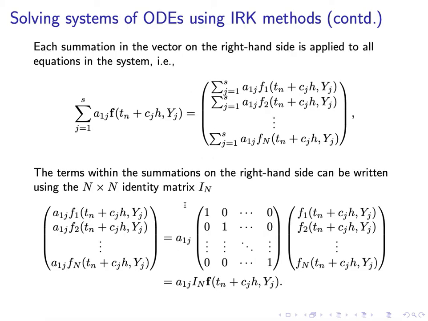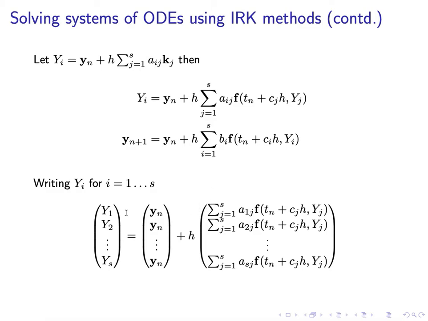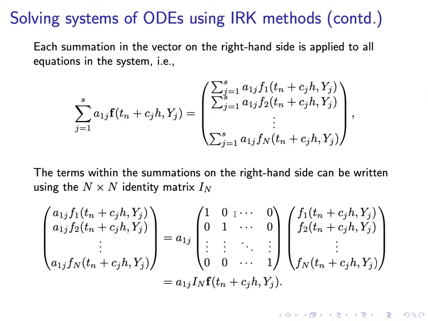For example, I'm going to take the y1 example: this summation here is itself a vector, and all of the summations within the vector can be written using an n by n identity matrix.